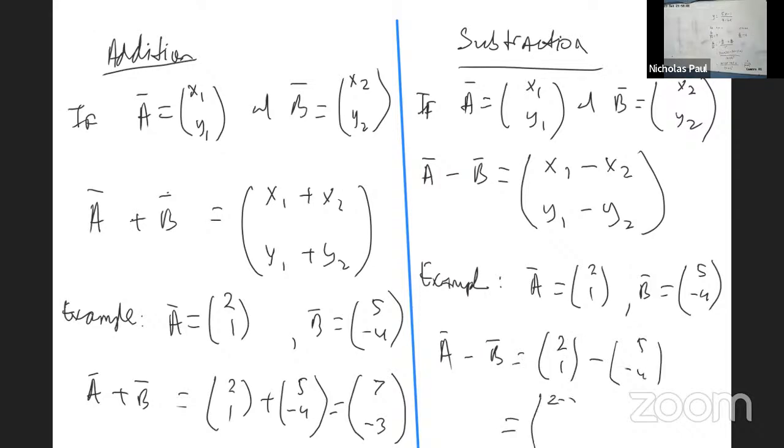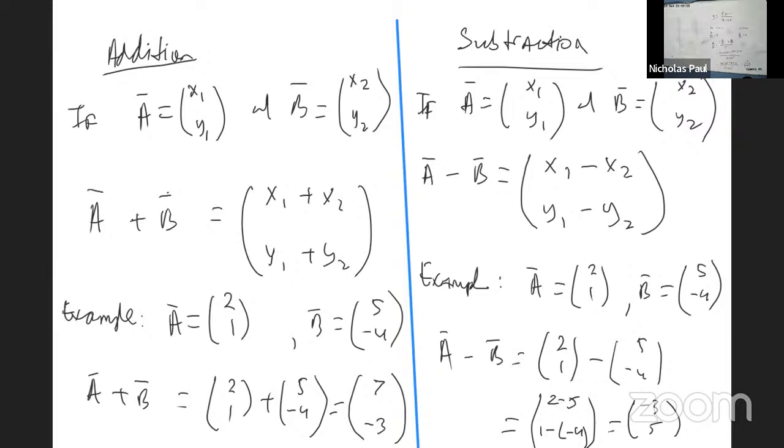So that's 2 minus 5, 1 minus 4. That'll be (-3, 5). Okay, nice. That's the add and subtract, right? There's nothing else. Nothing else, right?